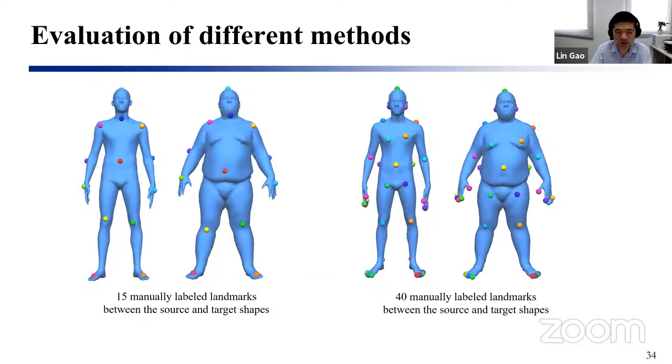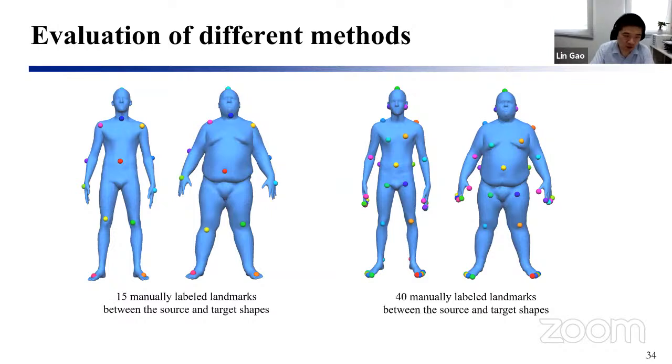Also, we compare our method to some pioneer work. The pioneer work needs human labeling. We could see in the figure that the traditional method needs the correspondence of the thin people to the fat people, from sparse correspondence to dense correspondence.